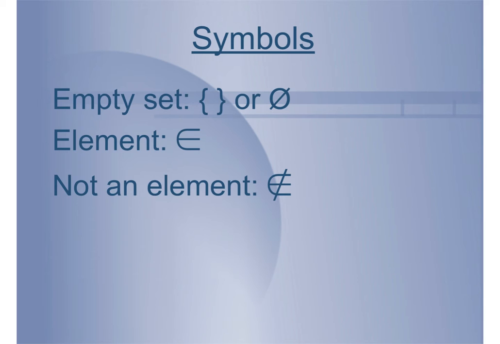That's the first symbol. The next symbol that we're going to look at is element. This is actually easy to remember because what does that symbol look like? If I were to ask what letter it looks like? E. So element of looks like an elongated E, okay? Then on the other hand, not an element of is just that symbol with a line through it.